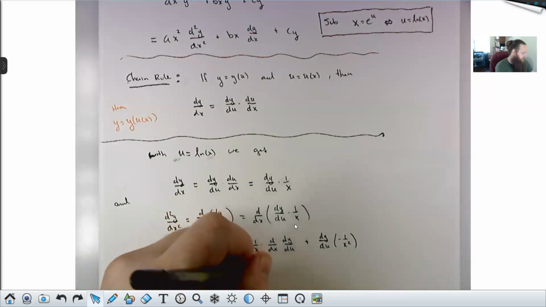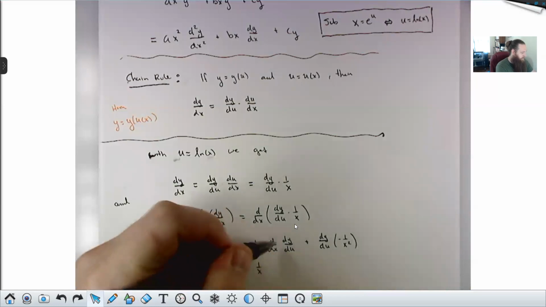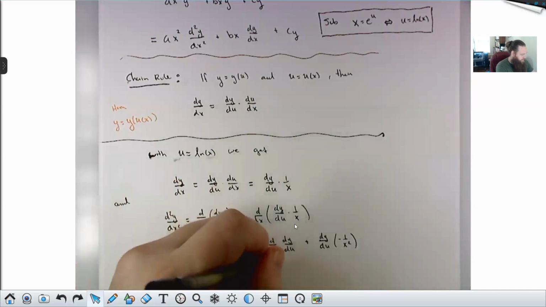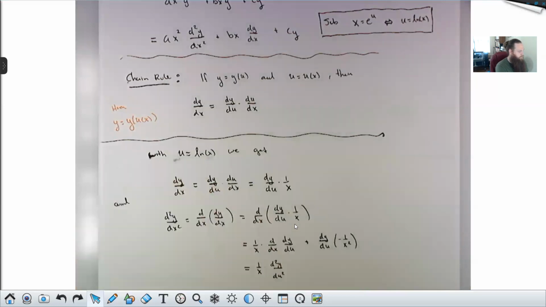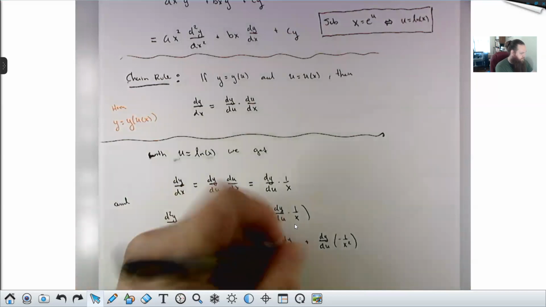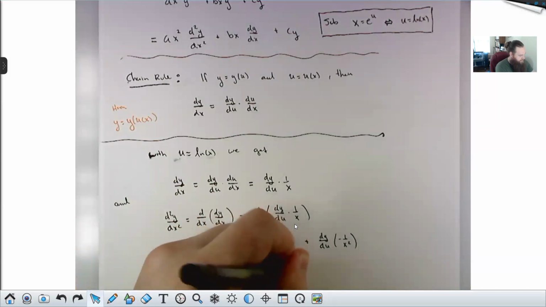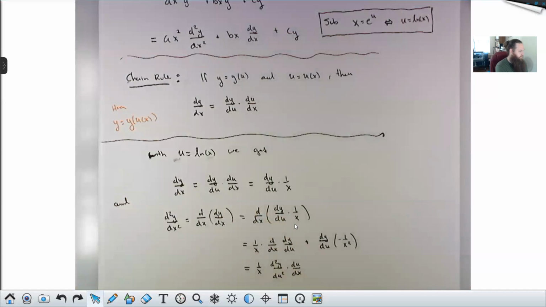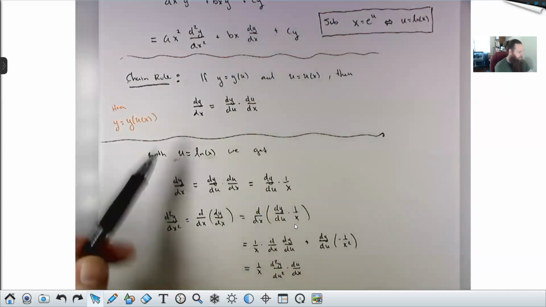So this is 1 over x times the derivative of dy/du, a function of u. That's going to be d2y/du squared. Differentiate one more time with respect to u, and then multiply by the derivative of the inner, which is du/dx. All right, so remember, u is a function of x, and y is a function of u.